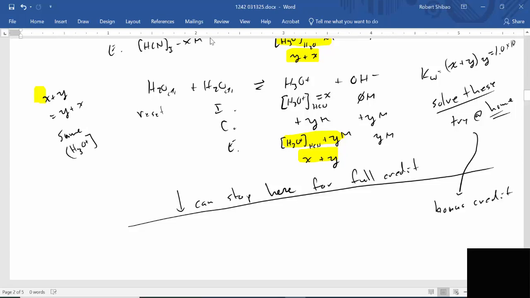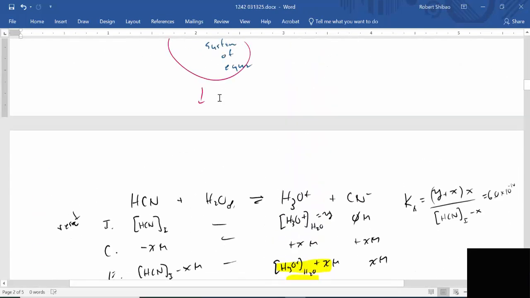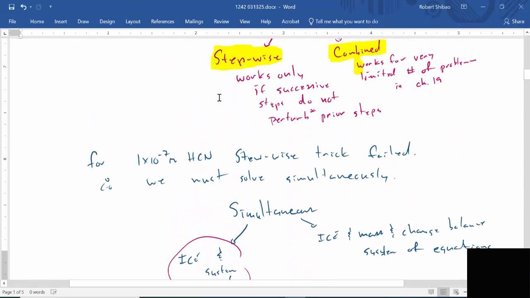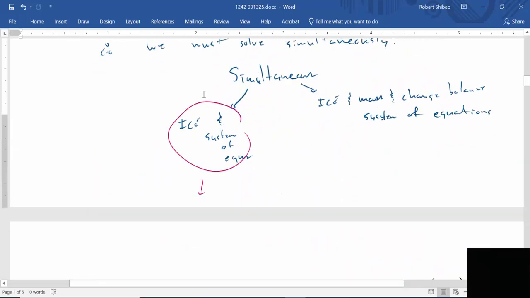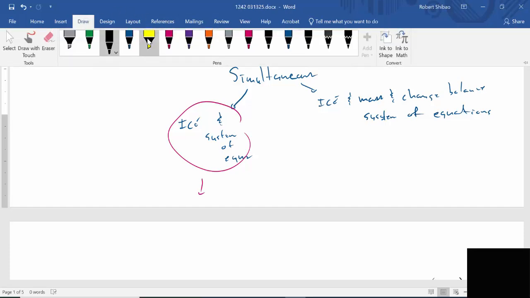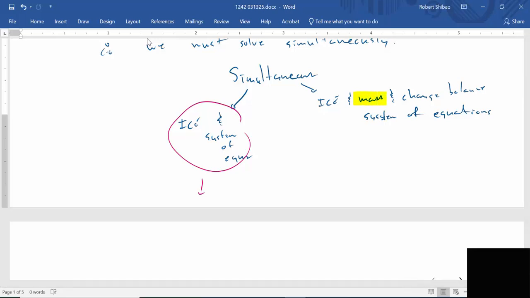I'm going to post the solution for mass and charge balance. Mass and charge balance is used commonly to solve lots of problems in this. This is a very common method to solve difficult problems.